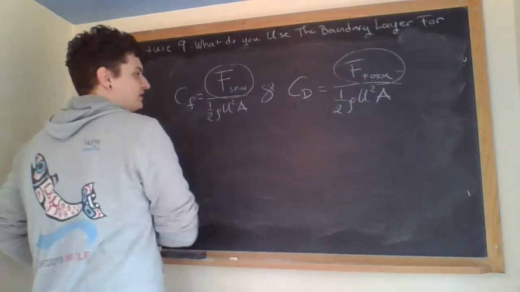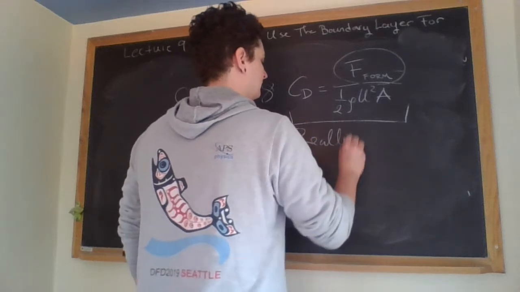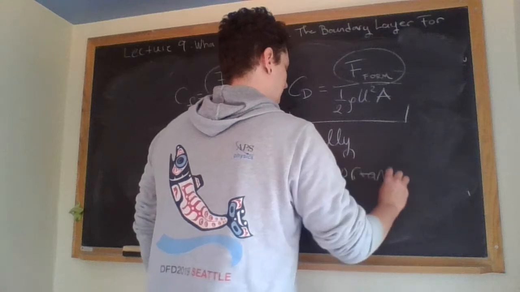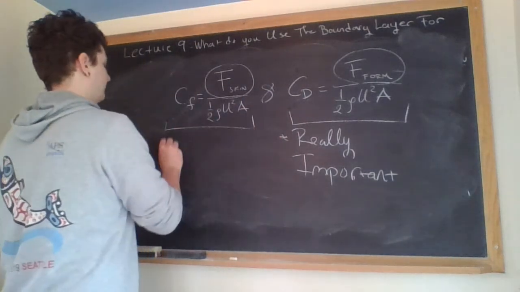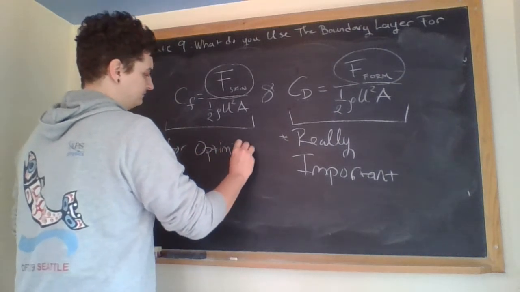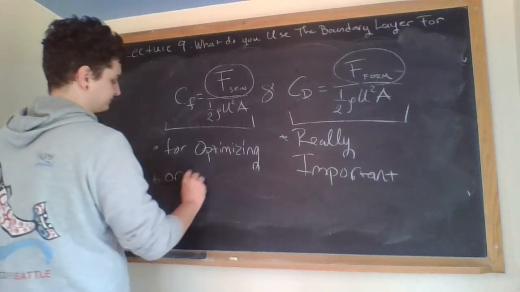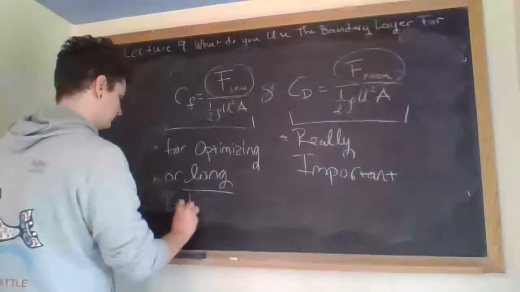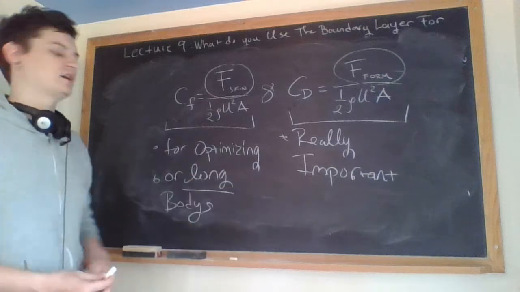You're always looking for this, right? This is the really, really big one that you want. And sort of this is sort of for optimizing. Right? Or like long bodies that have a lot of drag or a lot of surface.